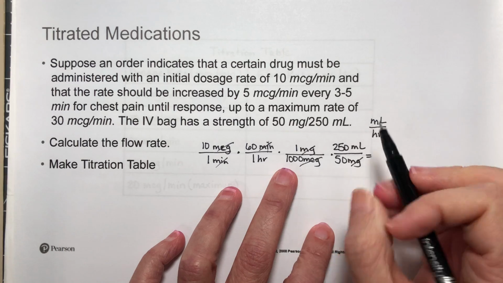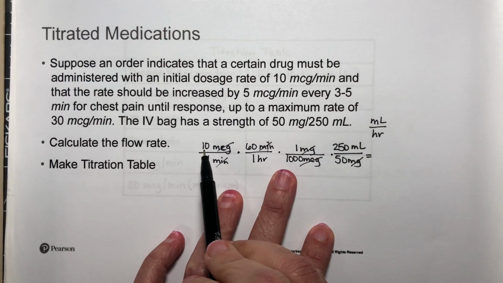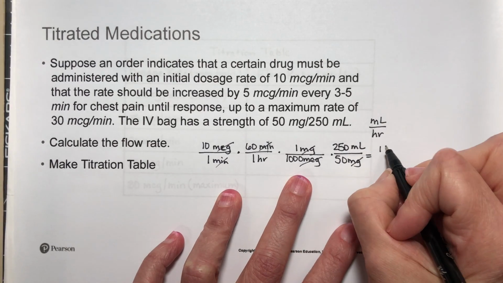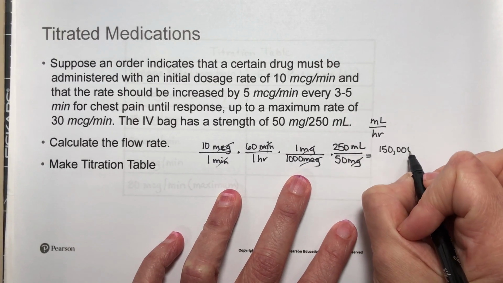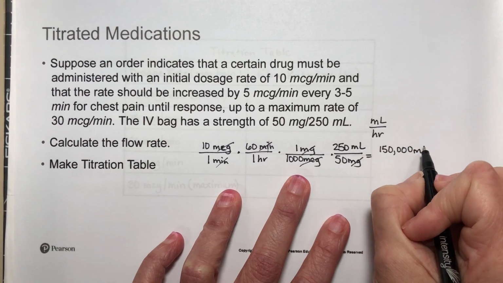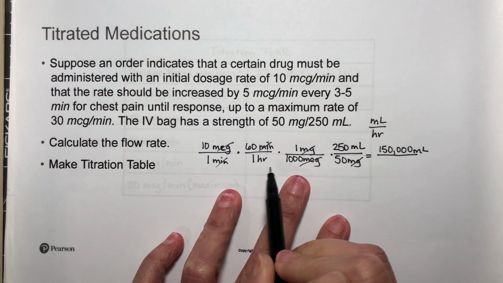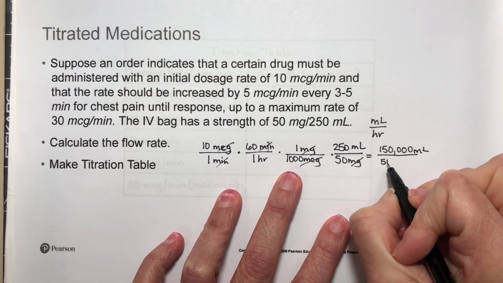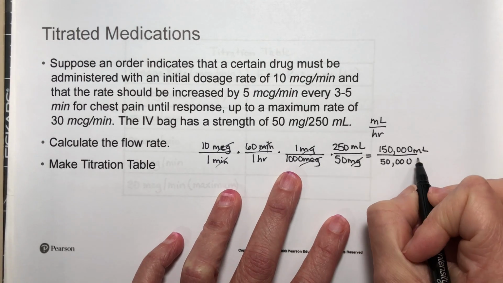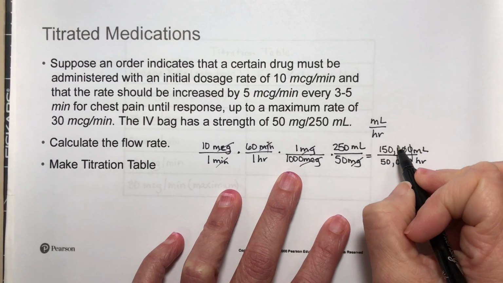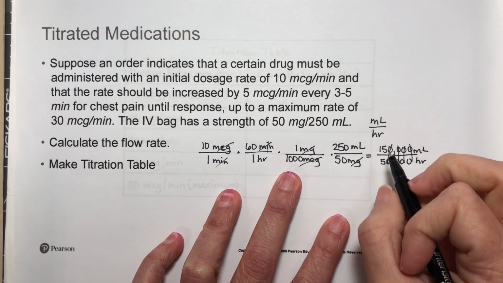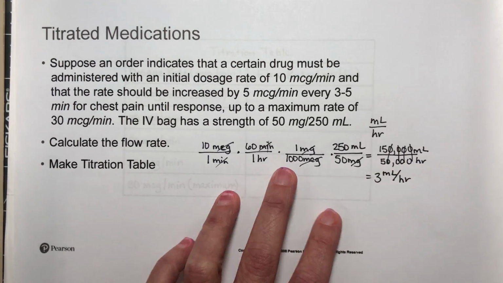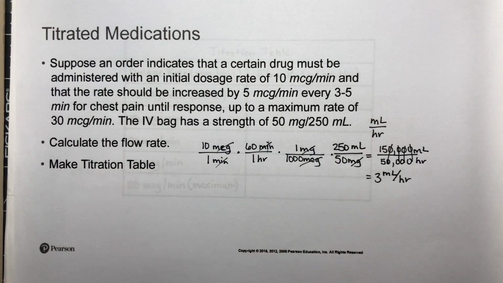If I do the arithmetic straight across, 10 times 60 times 1 times 250, I get 150,000 milliliters over 1 times 1 times 1,000 times 50, which would be 50,000 hours. And then, of course, you reduce that. 15 divided by 3 is 3 milliliters per hour. In the next video, we'll complete the titration table.